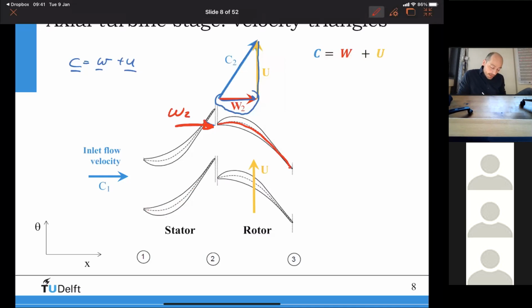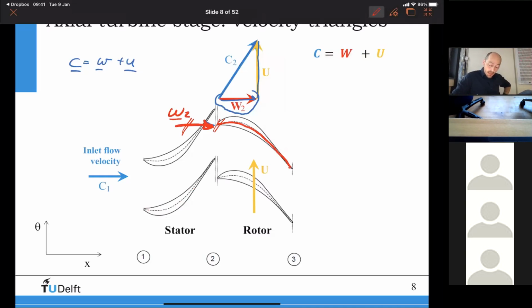So this is the camber line, and the velocity should be parallel to the camber line at the inlet of the rotor. And so then I have my W2 vector here.